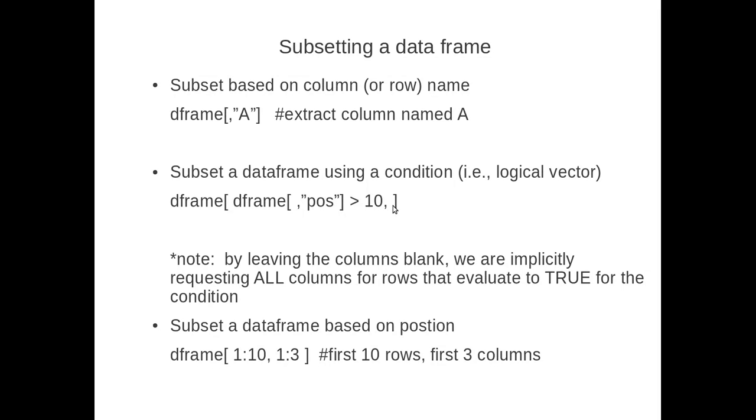Notice here that implicitly we are saying we want to return all columns. In other words, we're not deleting columns here in this subsetting operation. And of course we're subsetting the original data frame, which I've called here D frame.